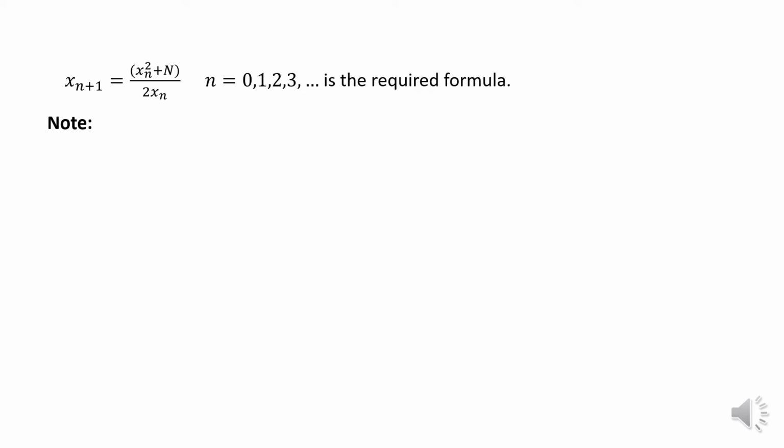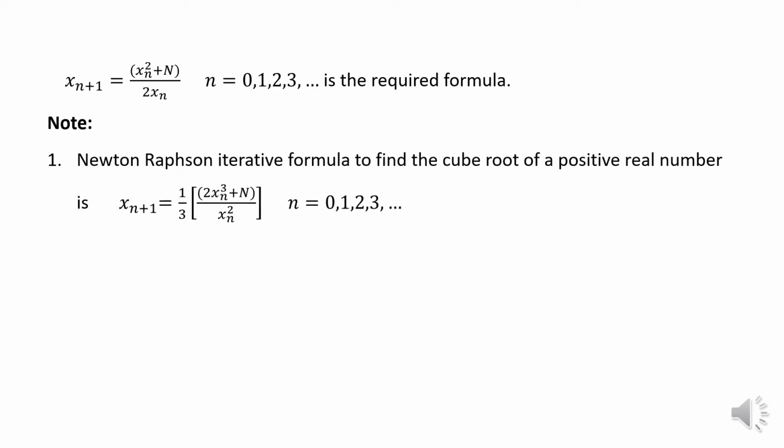In a similar way, we can find the cube root of a positive real number using Newton-Raphson method: x(n+1) is equal to 1 by 3 into (2xn cube plus n) divided by xn square, where n ranges from 0, 1, 2, 3 and so on.